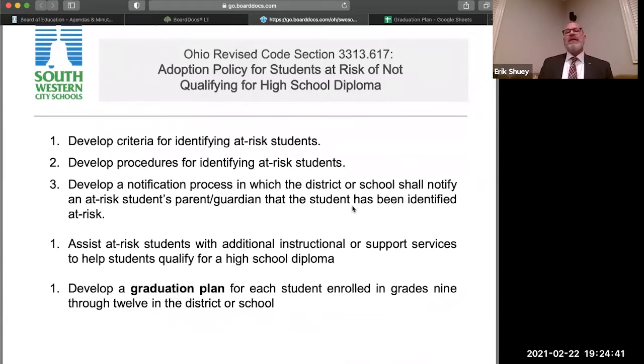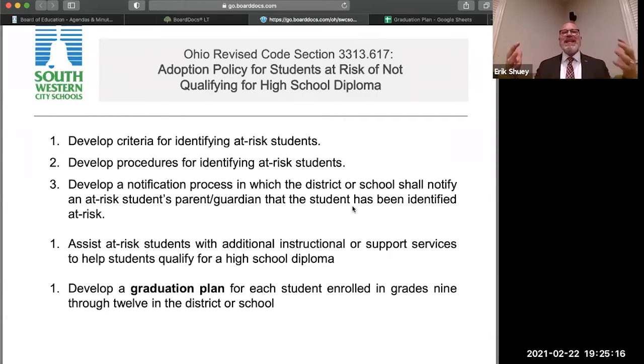And within that ORC, it stipulates that each district has to develop criteria for identifying at-risk students, developing procedures for identifying at-risk students, developing a notification process in which the district or school shall notify an at-risk student's parents or guardians that the student has been identified as a student at risk, and then assist these students with instructional supports or other support services that will help them graduate and qualify for a high school diploma.